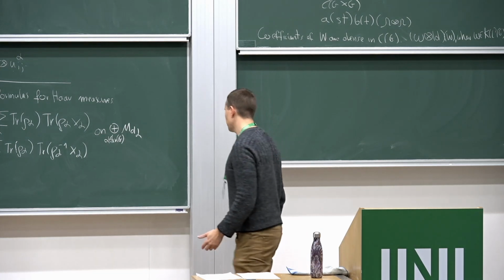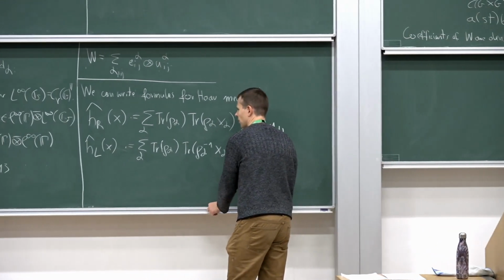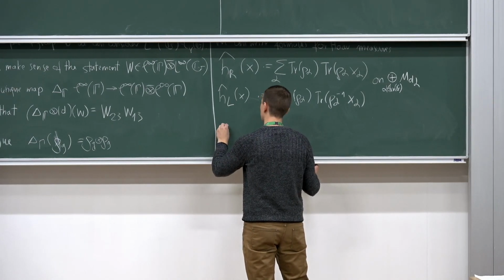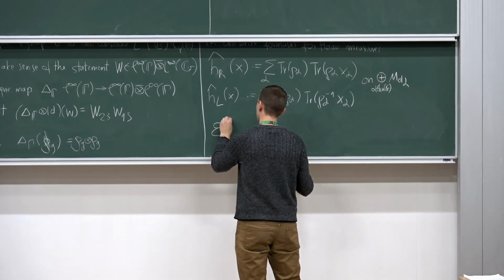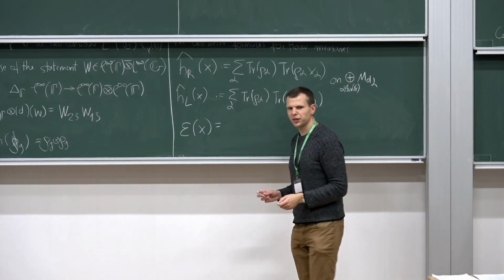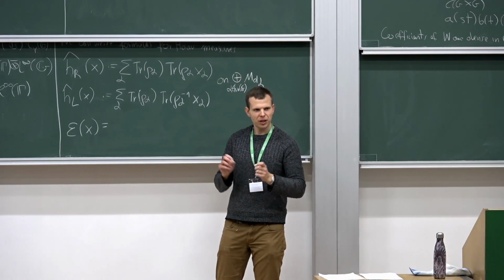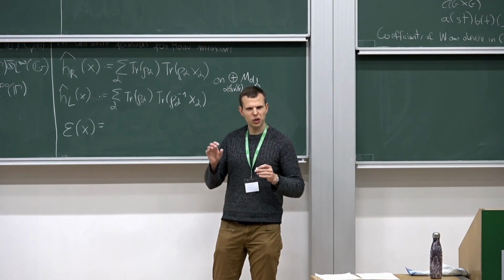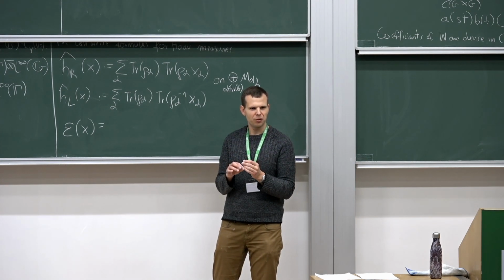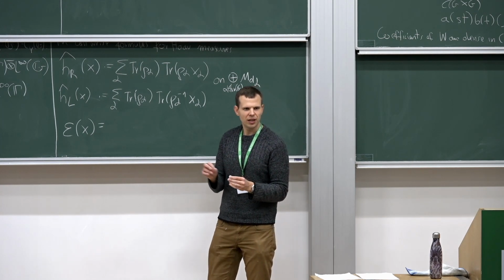So we can write, for example, the counit as well. So the epsilon of x is a certain component of x. So you have all the irreducible representations to choose from, and there's one particular one which is the trivial representation, right? Which is a one-dimensional representation, and you take this component.